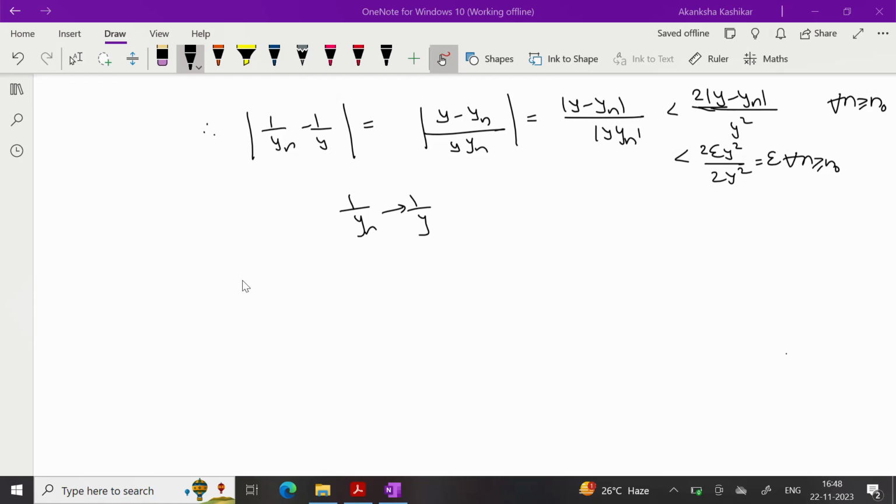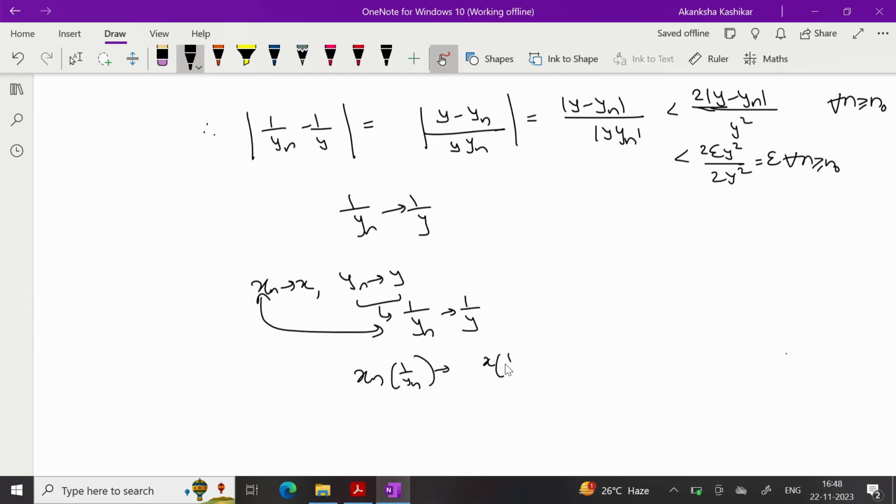And now we can use this result along with the earlier result to prove that xn by yn goes to x by y, because I have xn going to x and yn going to y. If y and yn are non-zero, then this implies 1 by yn goes to 1 by y, and then I'll use the multiplication result, that is part b, which will give me xn into 1 by yn goes to x into 1 by y.